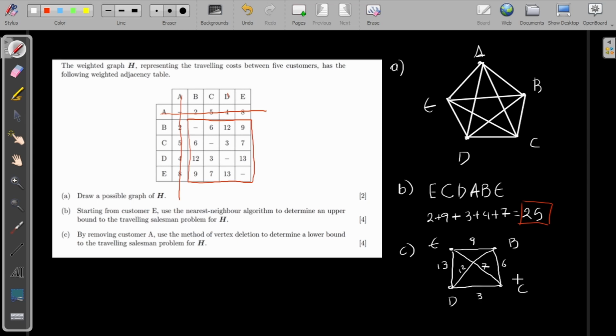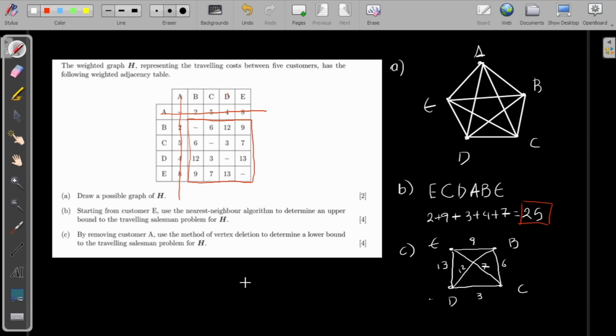Now, how will I calculate the minimum spanning tree? Easy. I start with the smallest. Now, if you remember, the minimum spanning tree connects all the vertices using the smallest edges. So I have to visit all the vertices by using the smallest values of the edges I have.